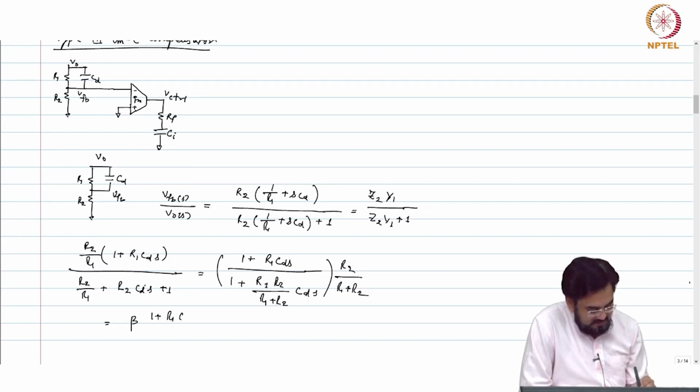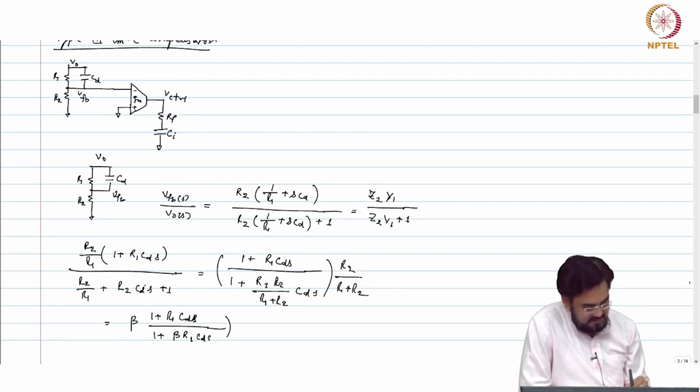1 plus R1 CDS divided by 1 plus beta R1 CDS.